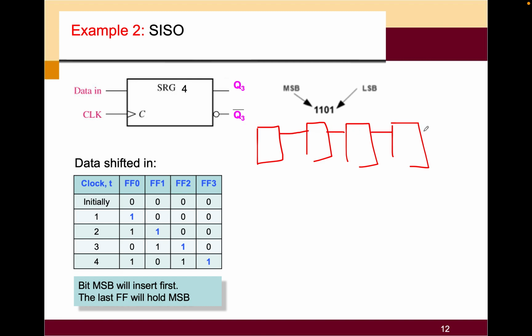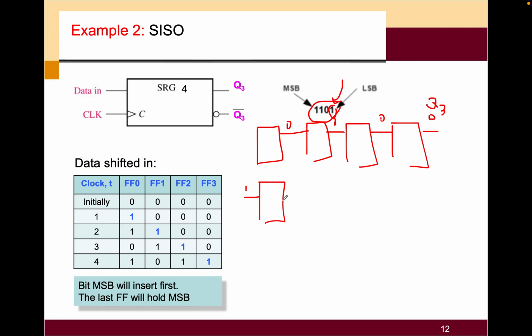So just for example, this one is your Q3. So initially, as mentioned just now, you're going to have 0, 0, 0, 0 as the initial value. And for the first time, what is the data that will be filled in? It's going to start from your LSB, as I mentioned. So this will be fed into this first flip-flop.